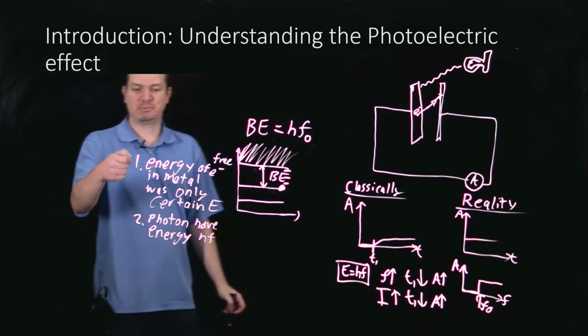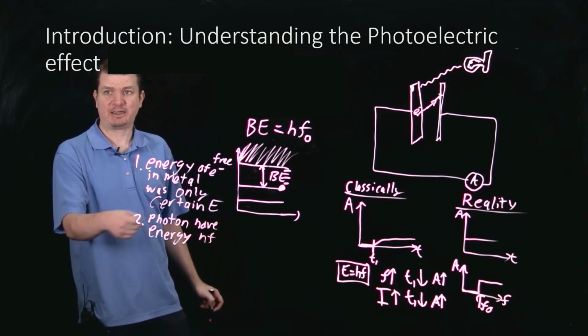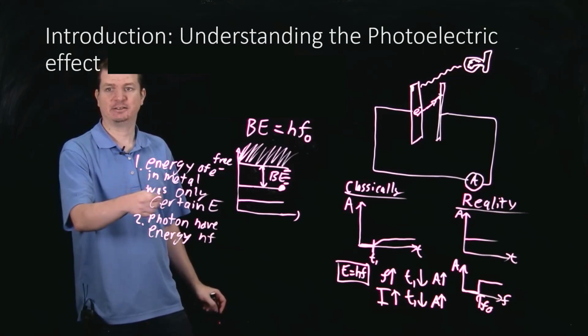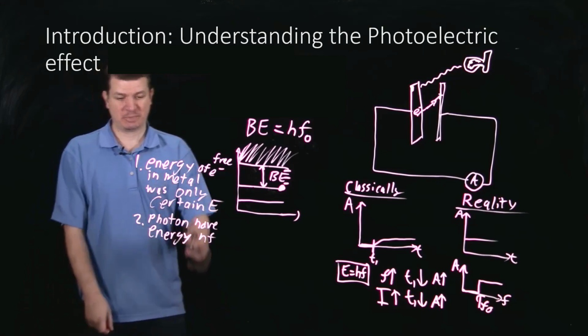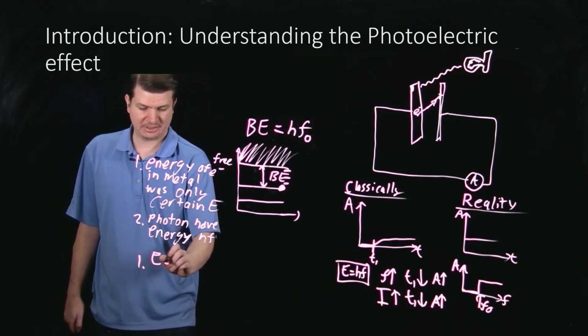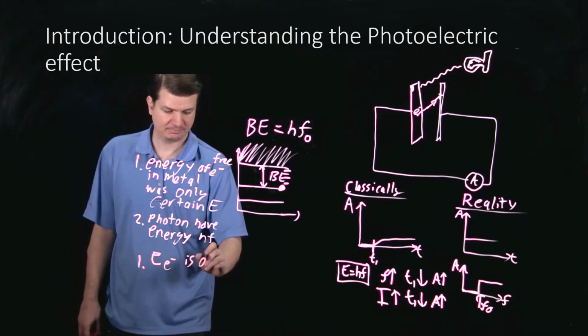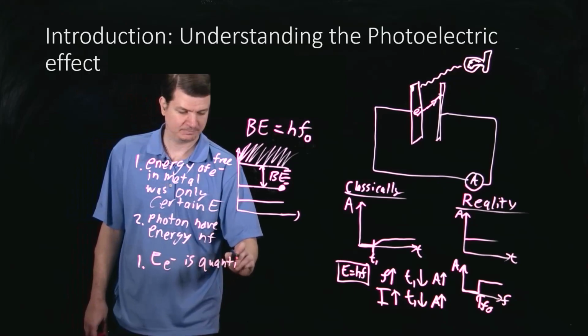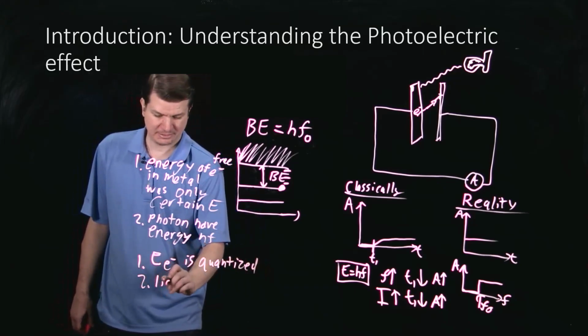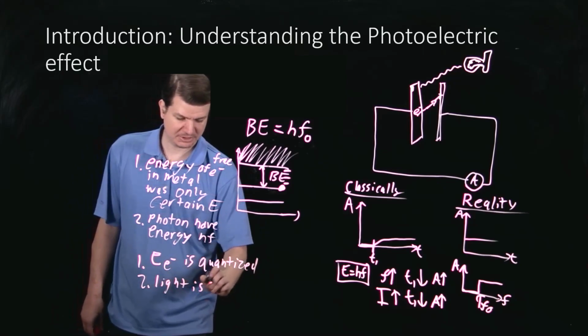And so since we made light into particles, discrete packets of energy of hf, and we made the energy levels in the metal only certain values, basically those 2 amount to saying, 1, that the energy of the electron is quantized, and so too is that light is also quantized.